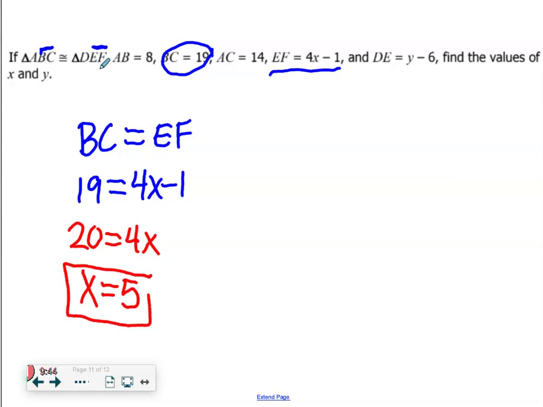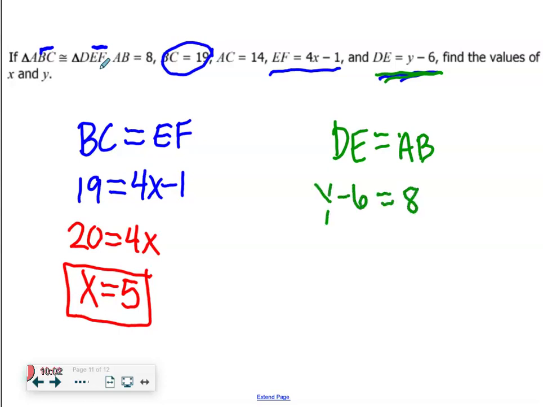And then Y. Okay, what does DE match? AB. So y minus 6 equals 8. Yeah, that's right. Good job, Connor.